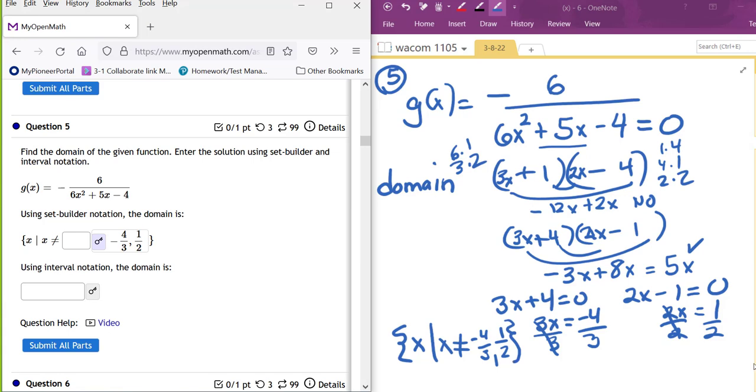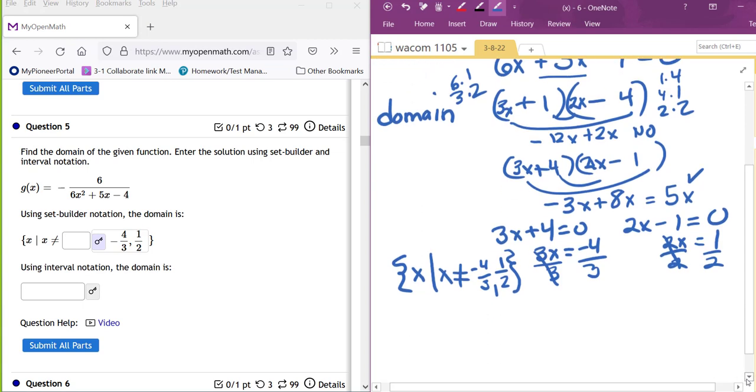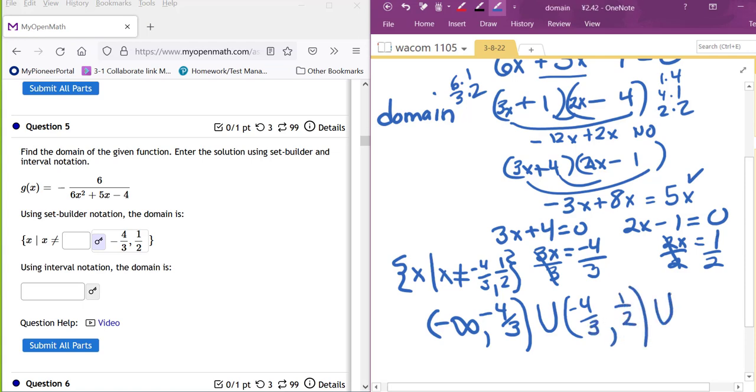And then I'm going to see if I can just get a little bit more space. For interval notation, we want that negative 4/3 first because that's the order, smallest to largest. So we're going from negative infinity to negative 4/3, use parentheses, start again at negative 4/3 to 1/2 with parentheses, start up again at 1/2 to infinity, and that throws out the negative 4/3 and the half.